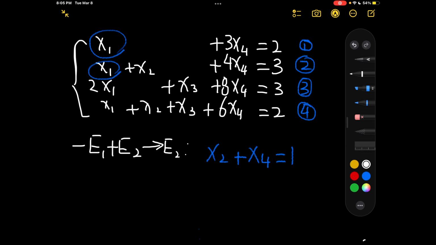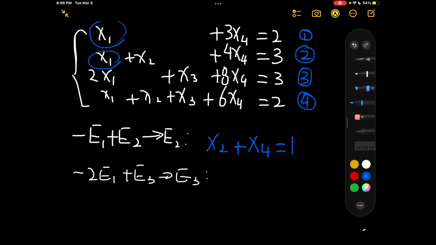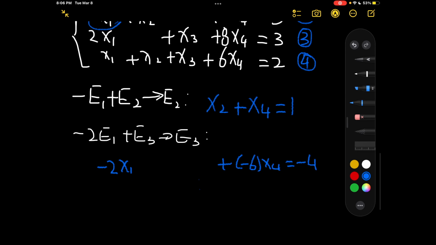That's the first operation. The second operation asks us to use negative 2 times equation 1 plus equation 3 and replace equation 3. Negative 2 times equation 1 is negative 2x1 plus negative 6x4 equals negative 4, and equation 3 is 2x1 plus x3 plus 8x4 equals 3.